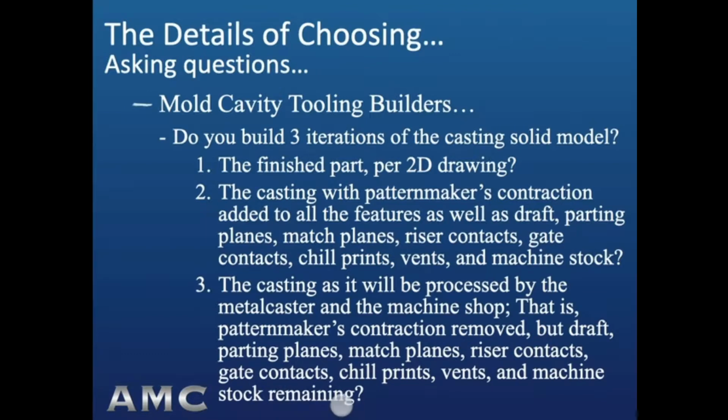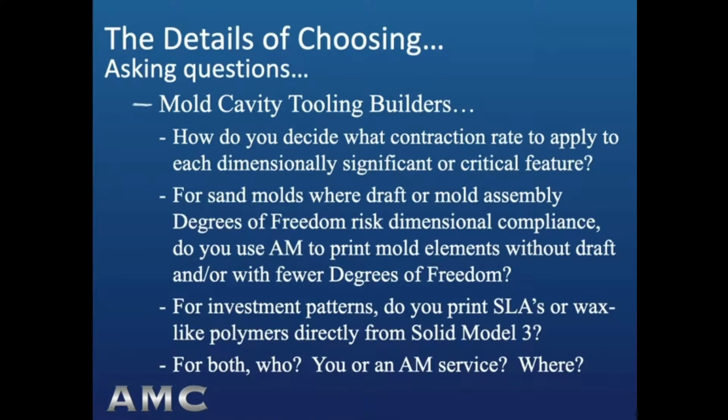Continuing with questions for the mold cavity tool builders, how do you decide what contraction rate to apply to each dimensionally significant or critical feature? For sand molds, where draft or mold assembly degrees of freedom risk dimensional compliance, do you use AM to print mold elements without draft and with fewer degrees of freedom?